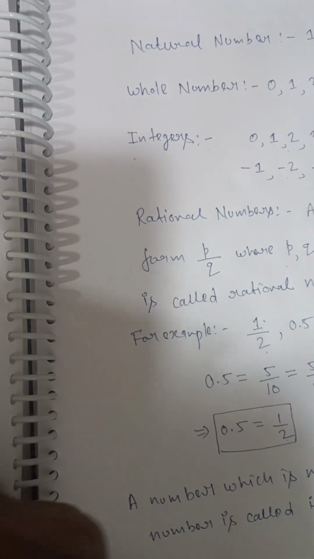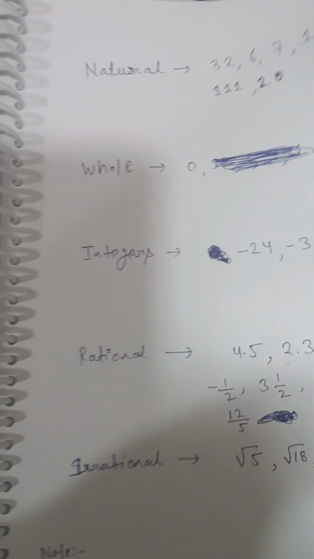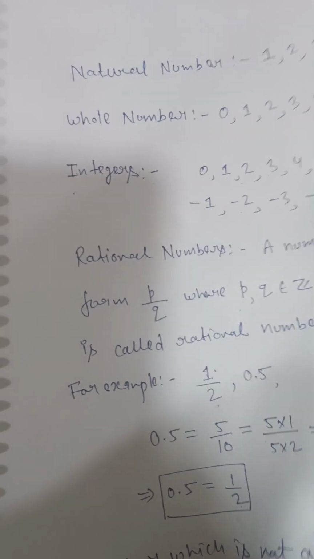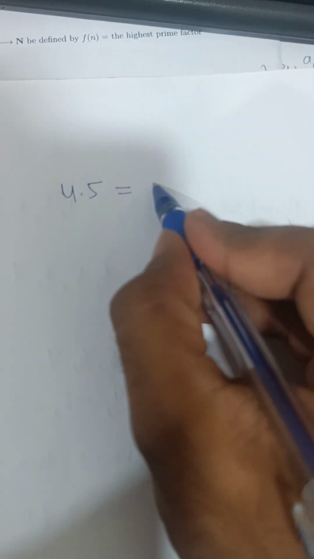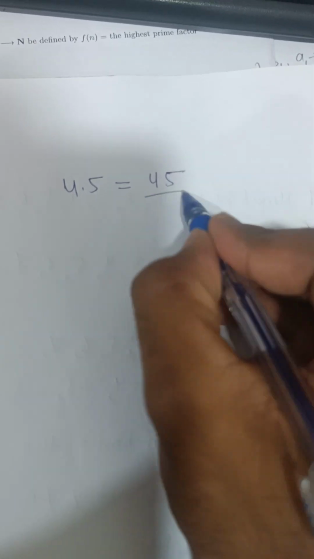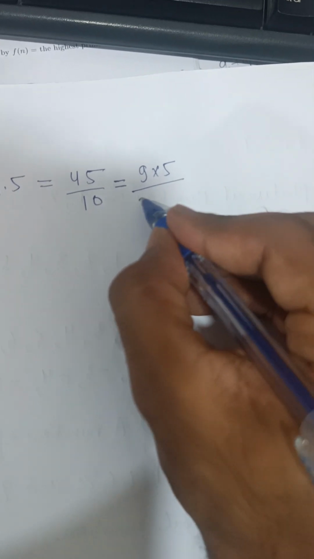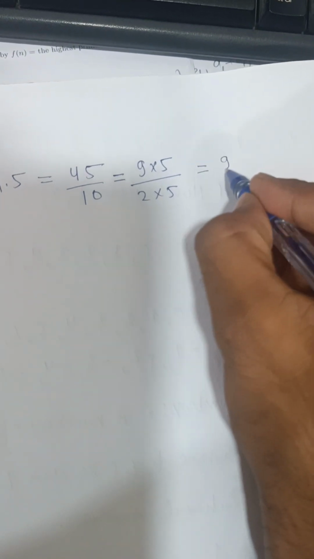So see, in the box it is given how to decide these numbers. First of all, it is 4.5. So 4.5 is equal to what? 45 divided by 10. Now if you cancel out the common term, 45 can be written as 9 times 5 and 10 can be 2 times 5, so this is equal to 9 divided by 2.